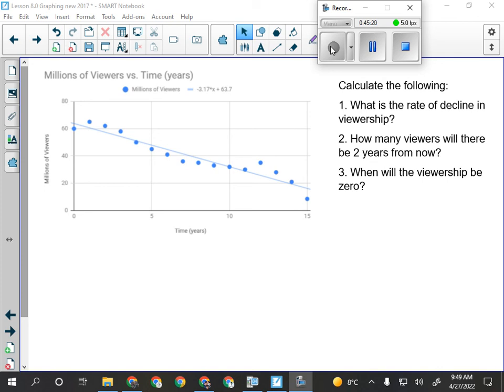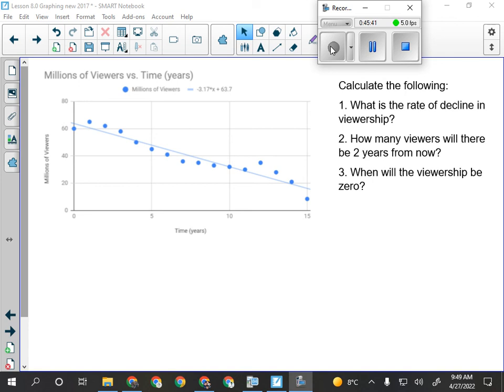Well, this graph is showing the number of viewers as a function of time. What part of the equation, y equals m times x plus b, shows me the rate at which viewership is declining? The 3.17, right? The slope.